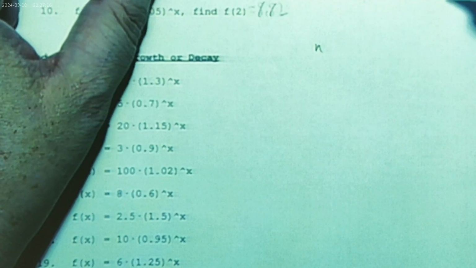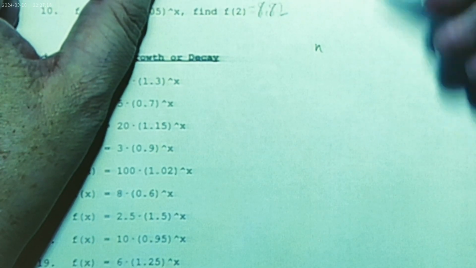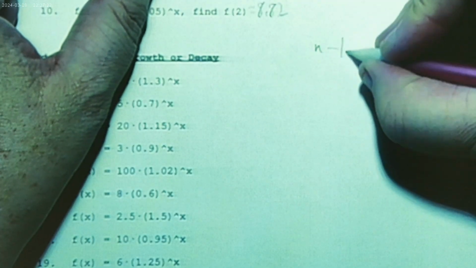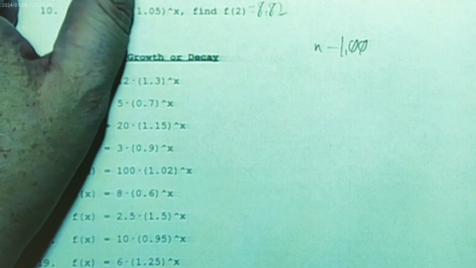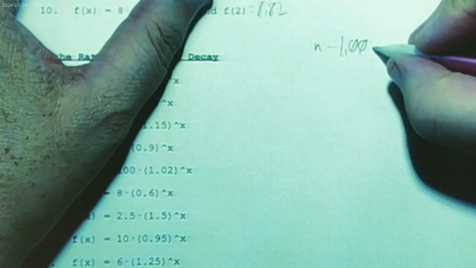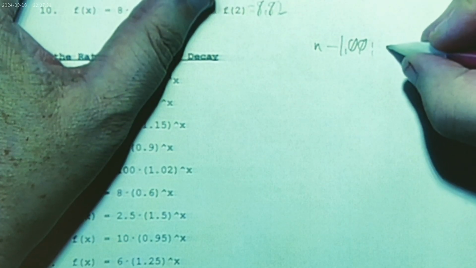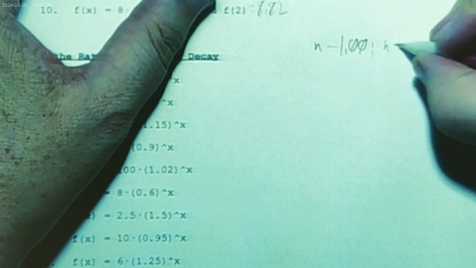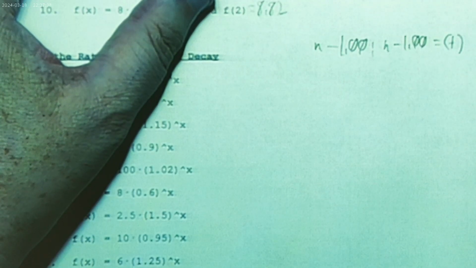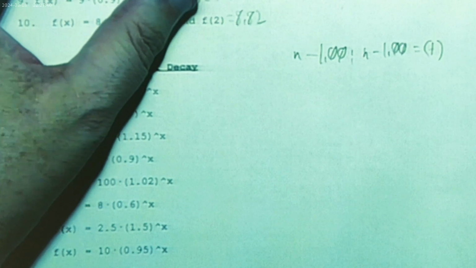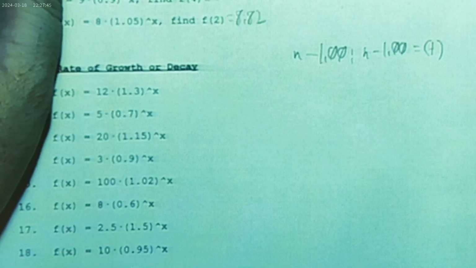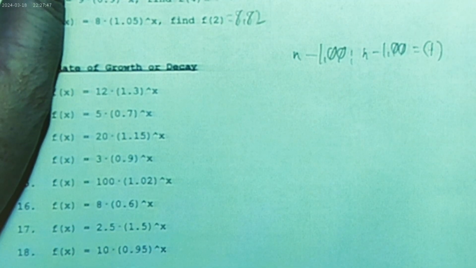The foolproof method that we laid out was, whatever n was, you're going to subtract 1.00 from it. It doesn't matter what it is. If n represents growth, then n minus 1.00 is going to be a positive number, and whatever that positive number is, we put directly into the parentheses.